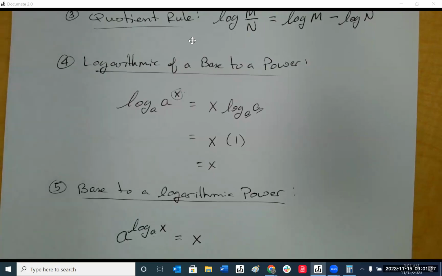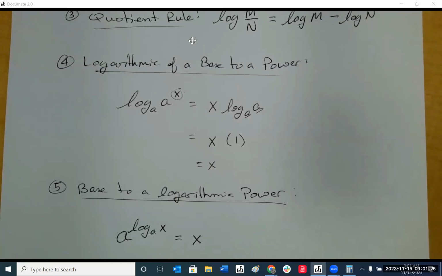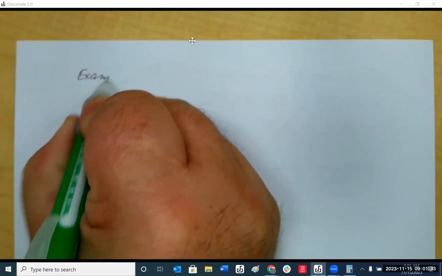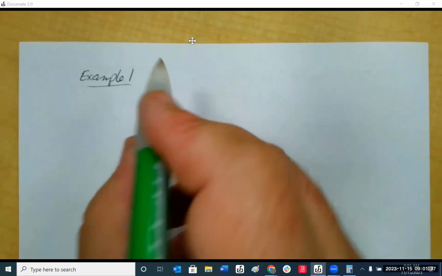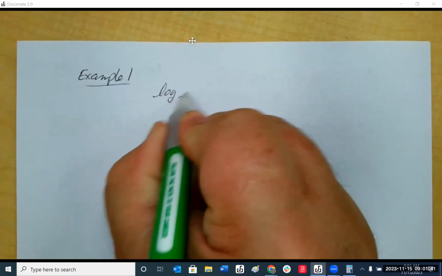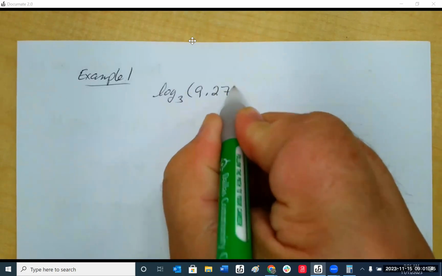So let's look at the examples now. These are the 5 properties we'll be using to solve these equations. Example 1. Express this.